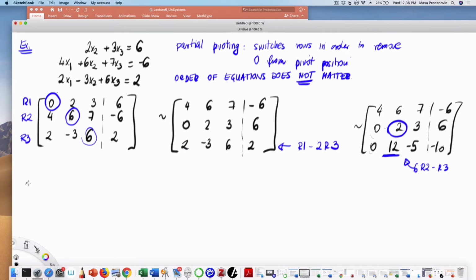Is there a simpler way? Or what was the question? We're trying to develop a pattern, right? So can we do it the same way? Because we did R1 minus 2R3, can we do R3 minus 6R2? We can. Is everybody okay with that?